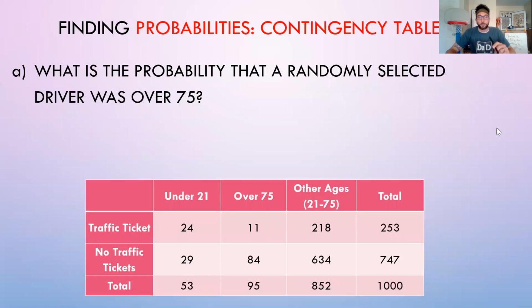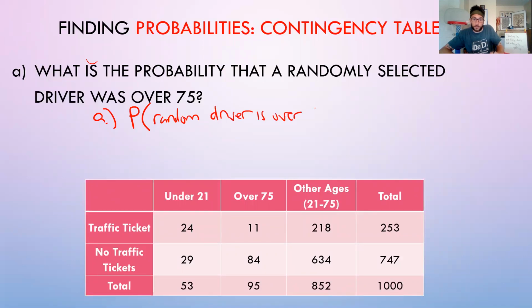So here we go. We're just going to work through some questions. If you're taking notes, you might draw this table at the top, and then you might just write like A. A way to shorthand this is P parentheses. That means what's the probability that, say, a random driver is over 75. All right, so that's just a way you can shorthand this.